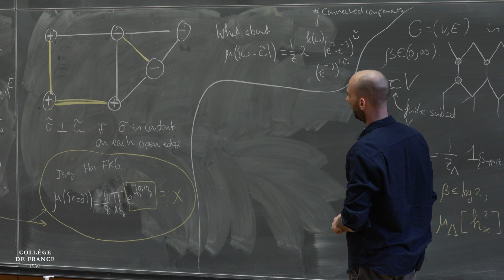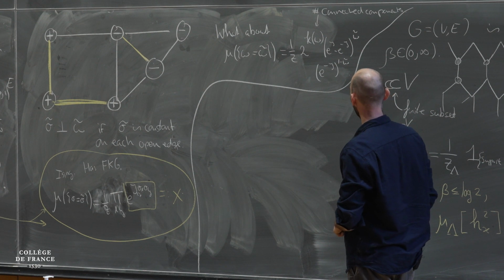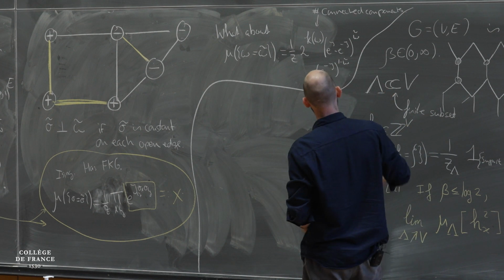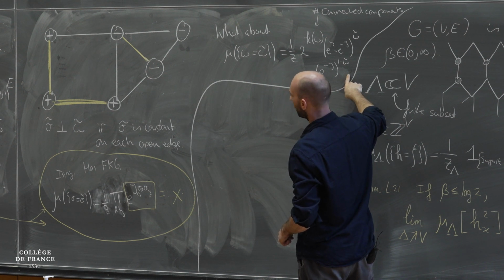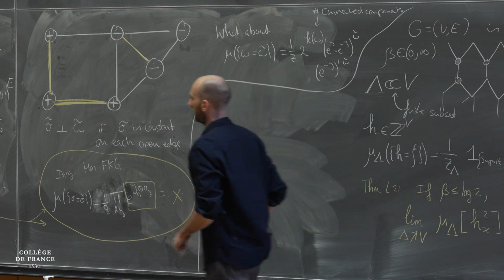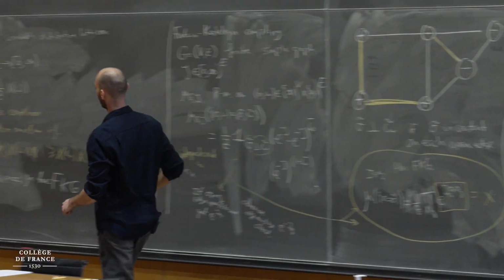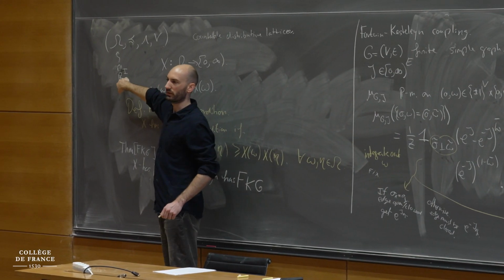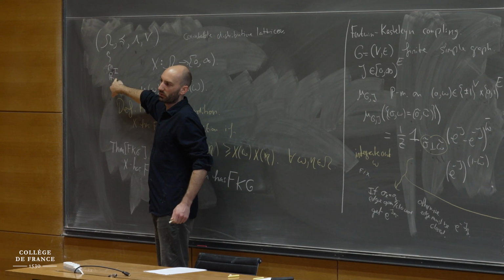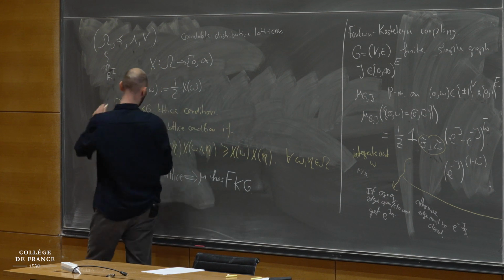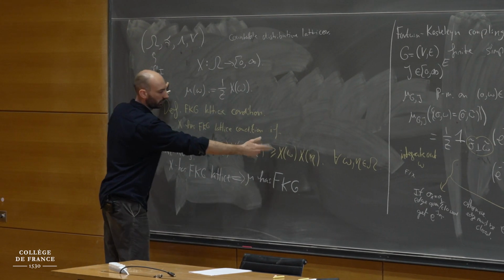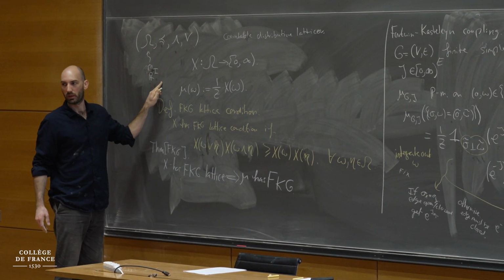Okay. And in fact, what you can verify, of course, is that if a factor depends only on one of the indices, then this factor automatically satisfies the FKG lattice condition. In fact, you will always have equality here, right? There's really nothing going on.